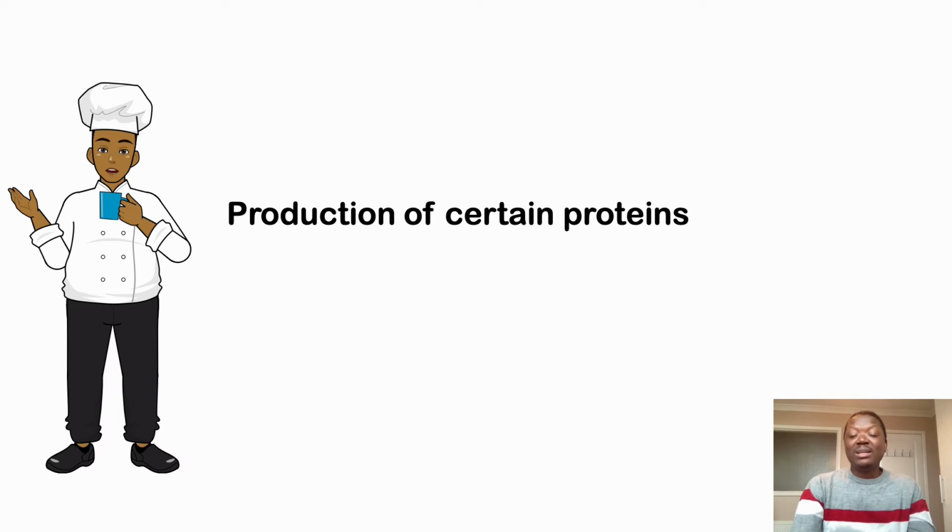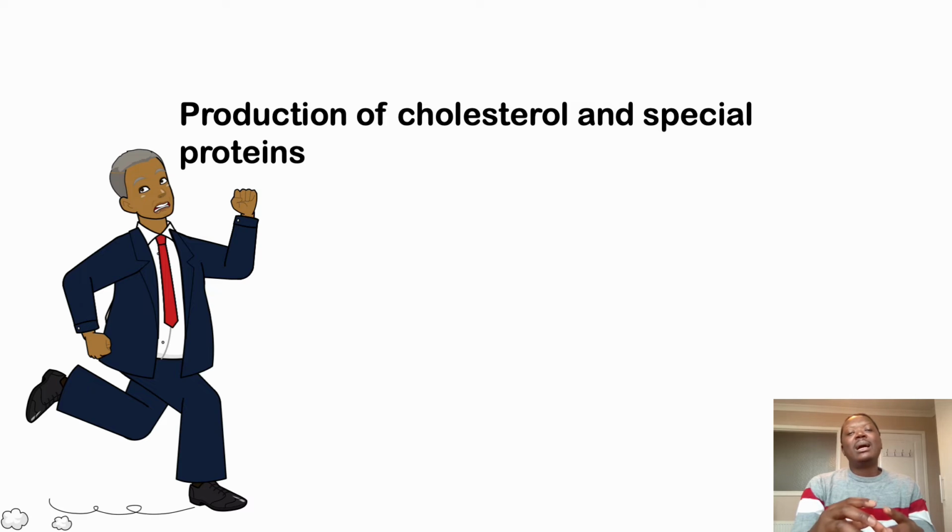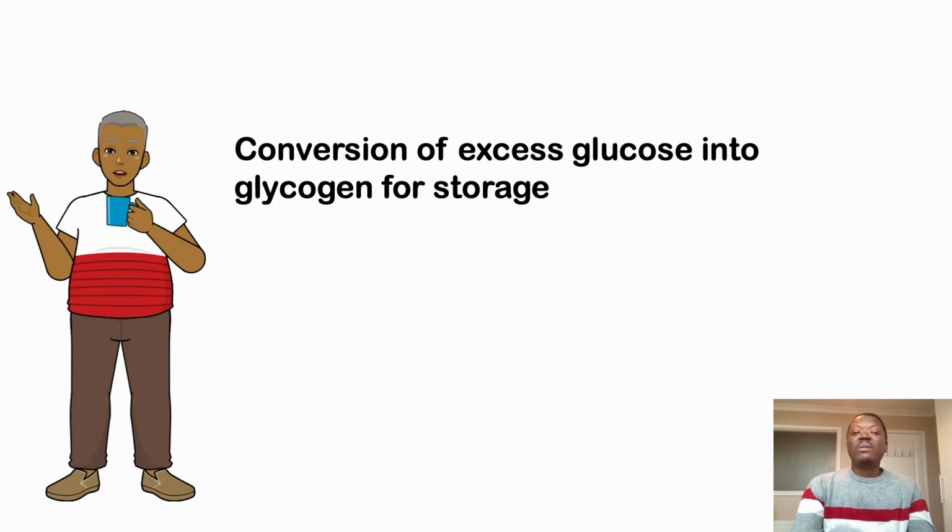And so the liver does important functions in that regard. It produces cholesterol and special proteins, and it also converts excess glucose into glycogen. In other words, when you eat, in the fed state, a lot of the excess glucose will get stored as glycogen within the liver.